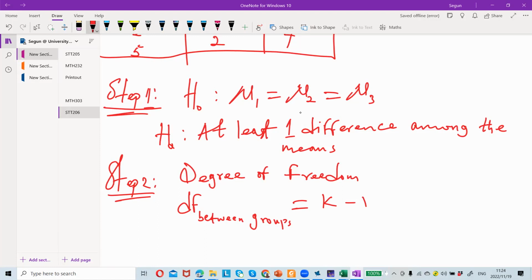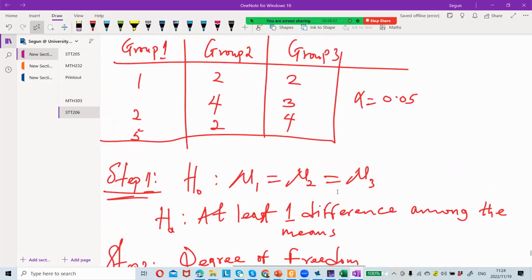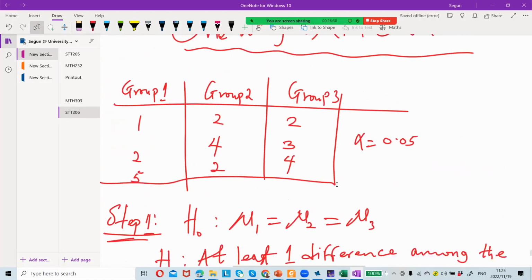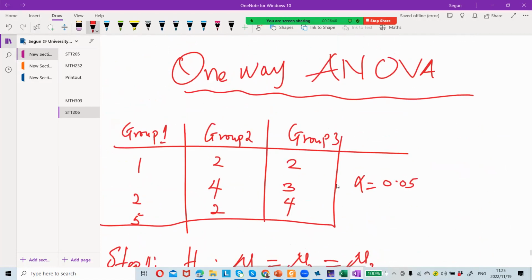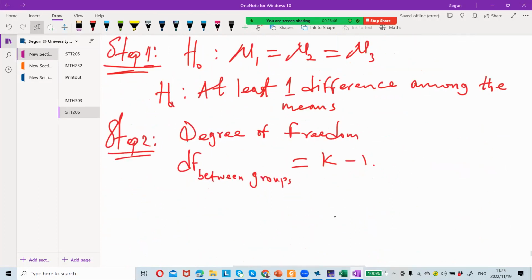What is our K? Remember, it's between groups, not within. Between groups means how many? We have K1, K2, and K3. Our K is 3. So here we have 3 minus 1, which is equal to 2.